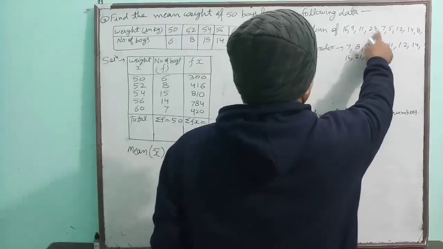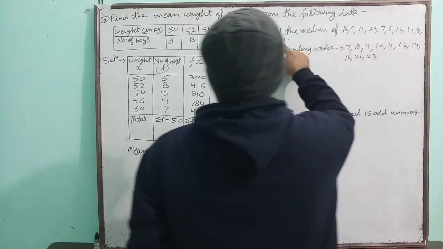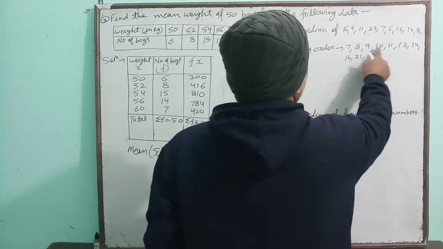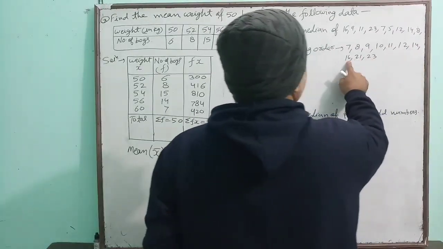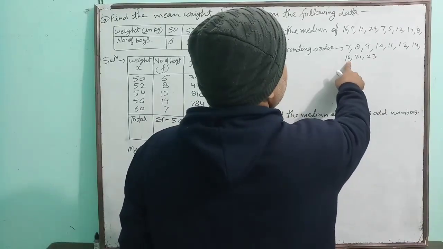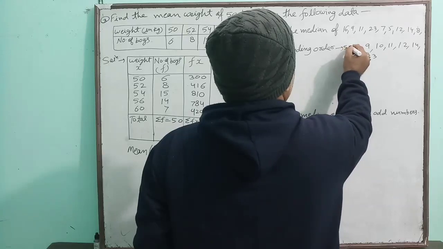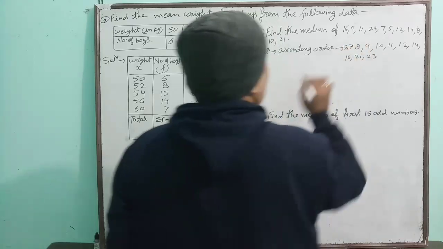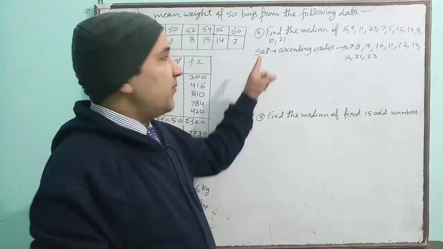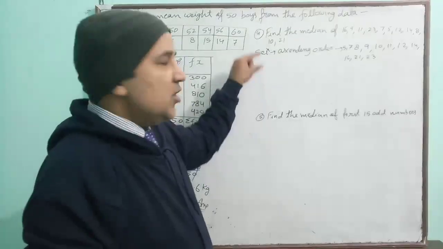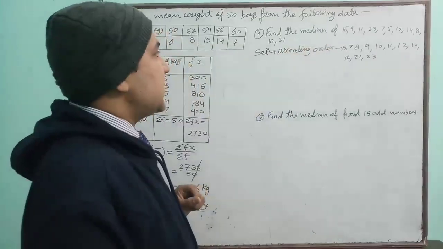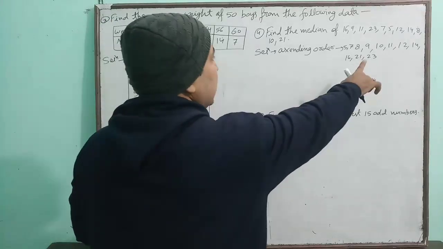1, 2, 3, 4, 5, 6, 7, 8, 9, 10, 11. 1, 2, 3, 4, 5, 6, 7, 8, 9, 10. 1 is left. See which number is left here? 5 is left. So this is 5, then 7. Okay? This is the first step when we are going to find the median. First we will arrange the numbers in ascending order. Now count the numbers.